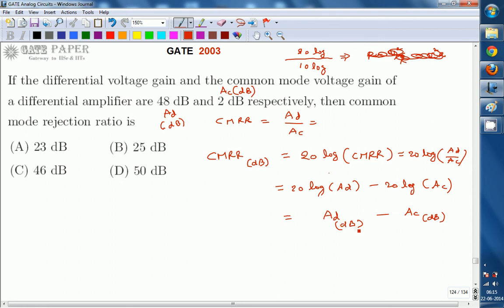So CMRR in decibels is AD in decibels minus AC in decibels.